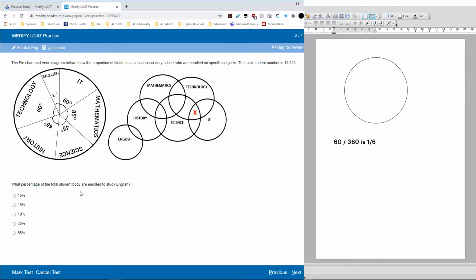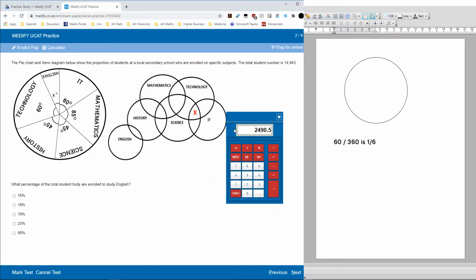Now next one, what percentage of the total student body are enrolled to study English? Okay, so the way we can do this is we can convert the fraction into a percentage. A quick way to do this is to get 360 and take away all the ones we already know to get x.